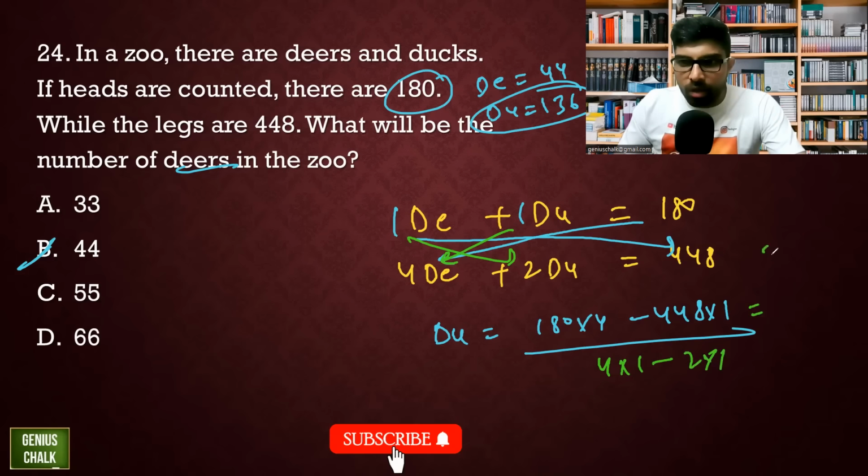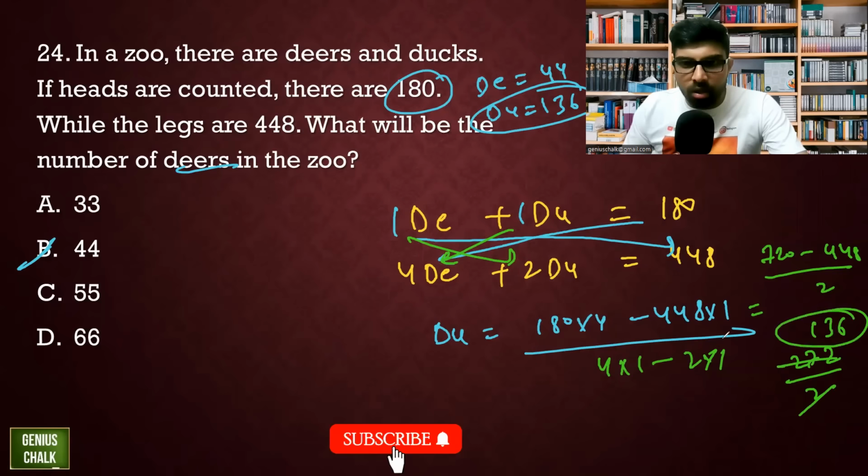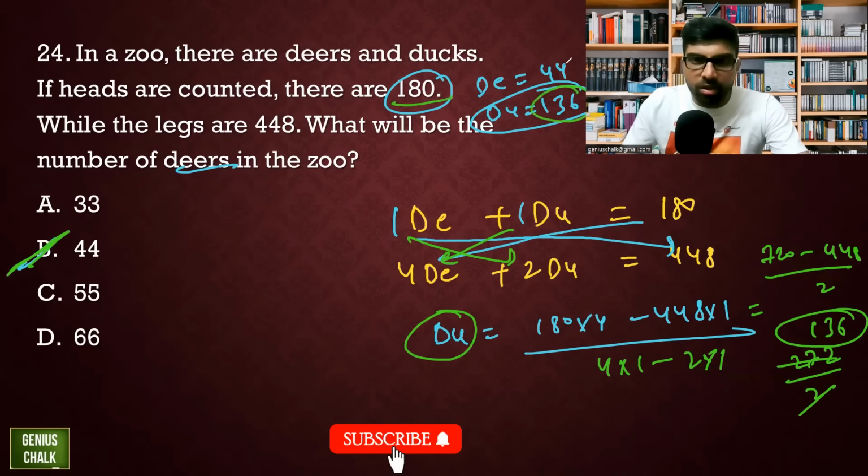Solving it, you will have 720 minus 448 by 2. This comes to 272 by 2, that is 136, right? So the number of ducks we have got is 136, and that's why the deer must be 180 minus 136, that is 44. So this is the second method.